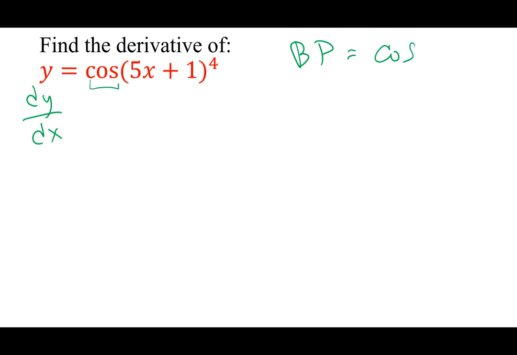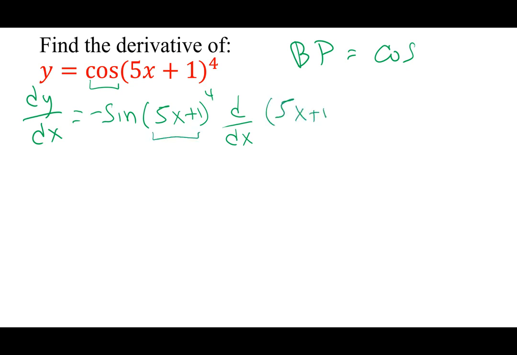Because this is a cosine problem, the derivative of the cosine of something is the negative sine of the same something. And then you have to take the derivative of whatever the inside is. And the inside in this case would be (5x plus 1) to the 4th. So there's my first application of the chain rule.